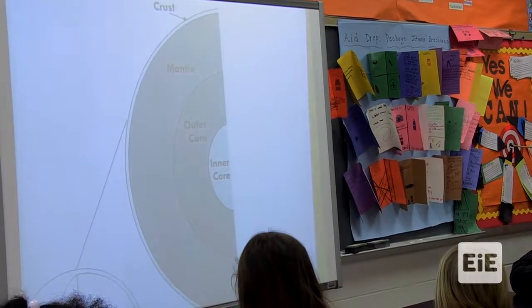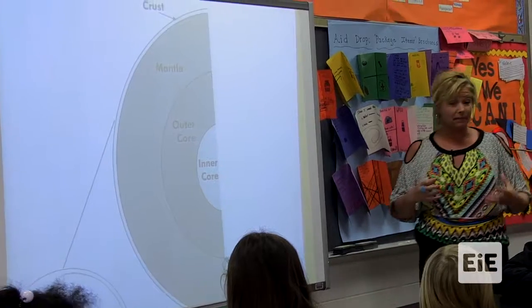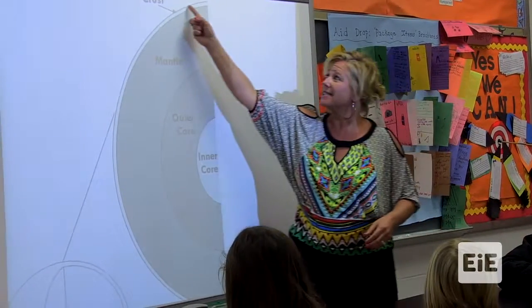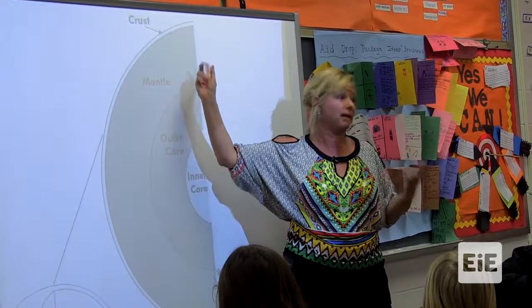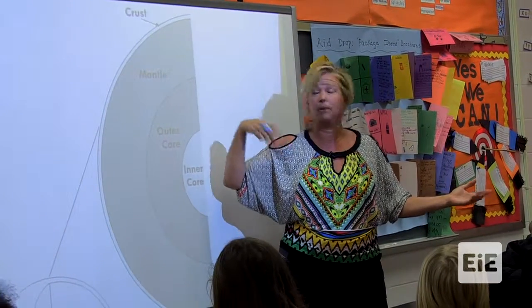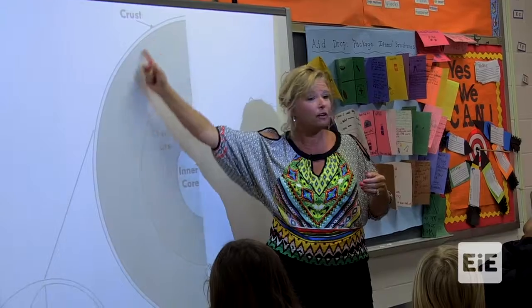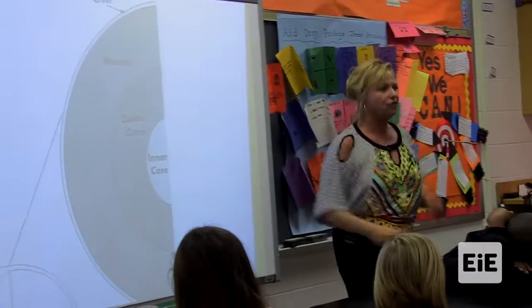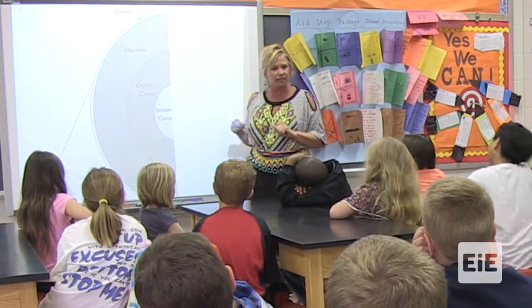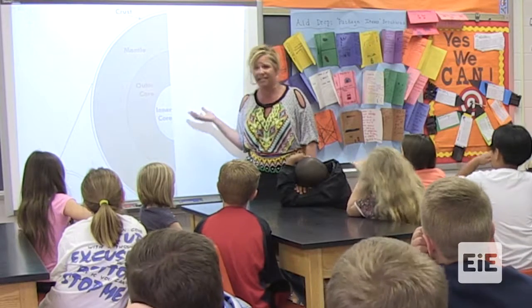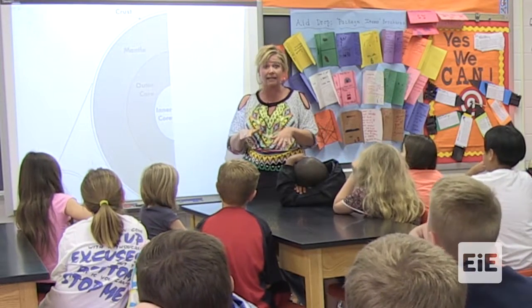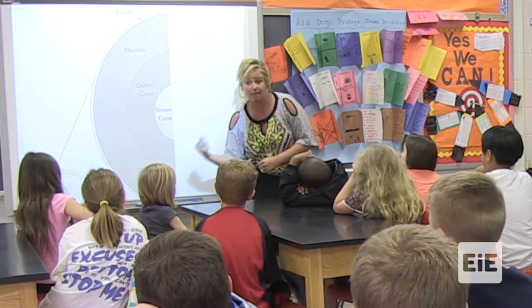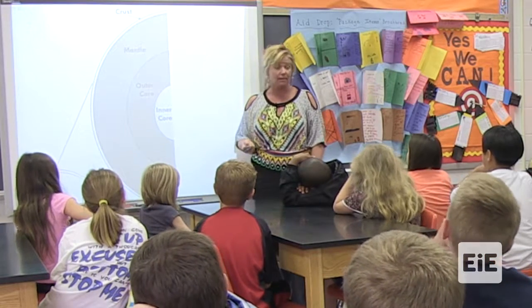We call the part of the earth that we run around on, drive around on, the crust of the earth. In this model, does it look thin or thick? It looks pretty thin, but in reality, guess what? It can be miles and miles deep.